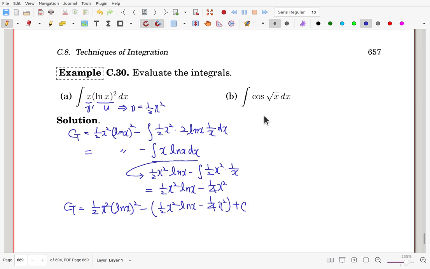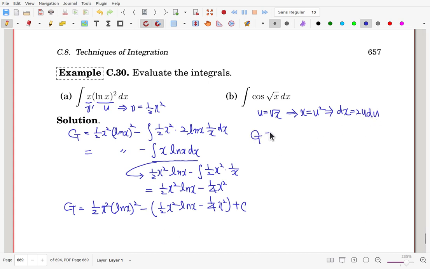Now for cosine of square root of x, because of that half power, we don't have any elementary derivative for that one, so we may use change of variable, u substitution. U is the square root of x, and then we square, so that x equals u squared. From this, dx is the same as 2u du, right?